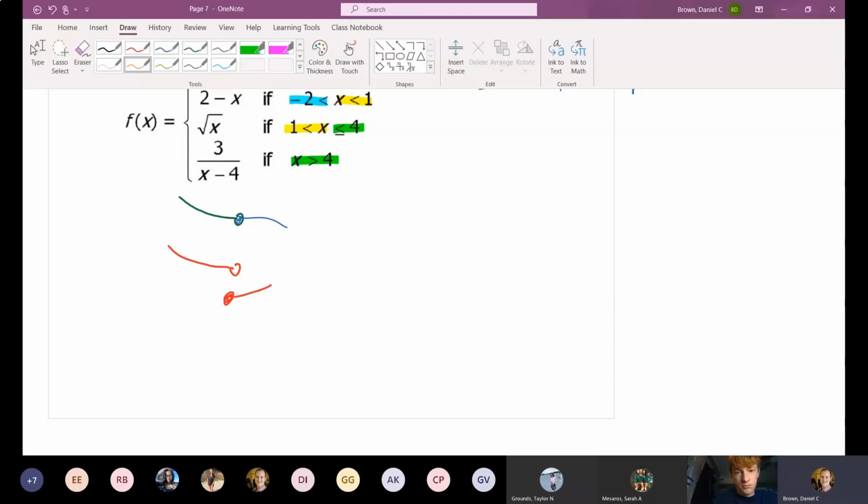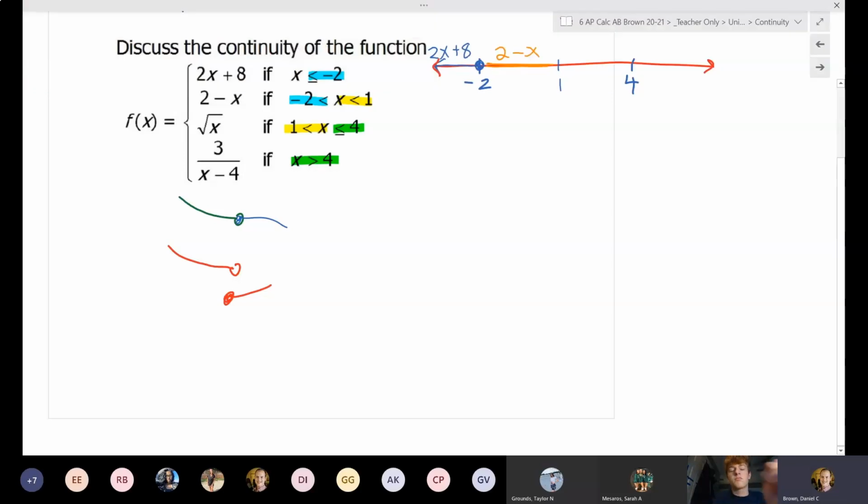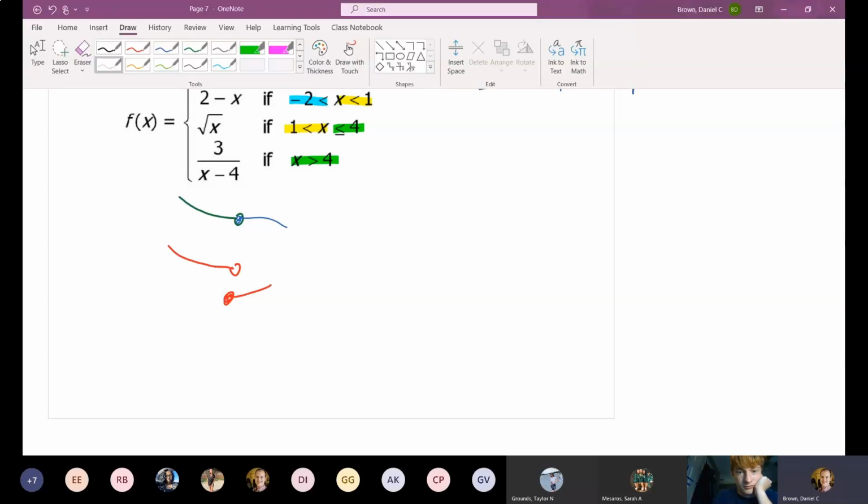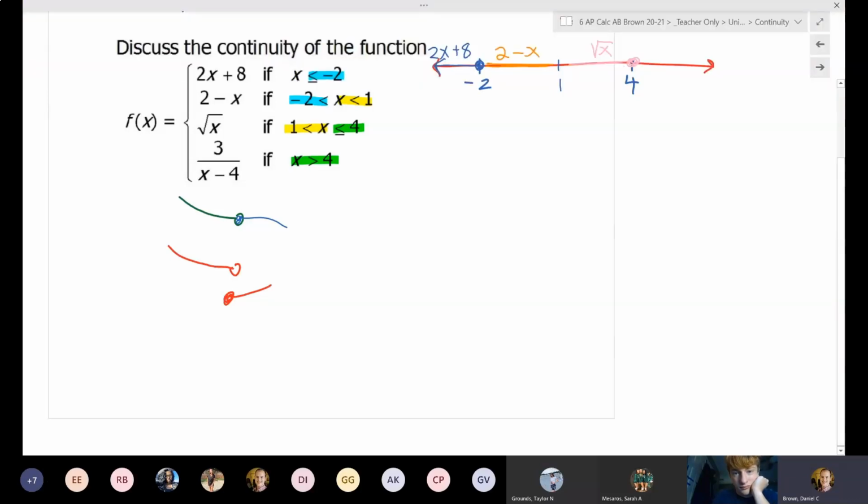When I am between 1, not including 1, all the way up to 4, but including 4, I will be using the square root of x. And then if I am bigger than 4, then I am using this last function of 3 over x minus 4.